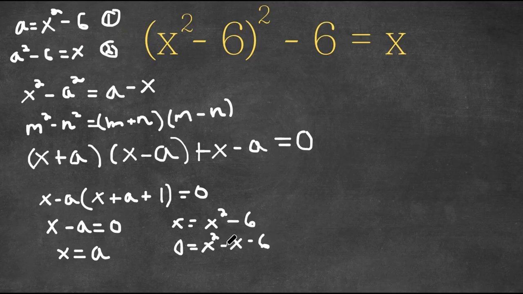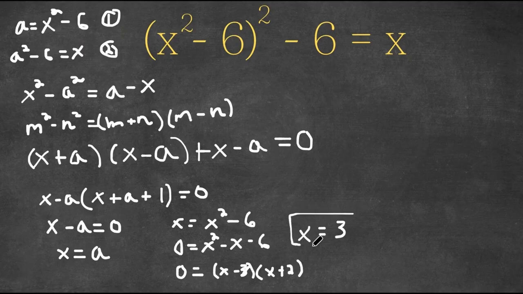Now we have a quadratic equation, and this would actually be simplified to 0 is equal to (x − 3) times (x + 2), meaning our two solutions for x would be x is equal to 3 and x is equal to −2.